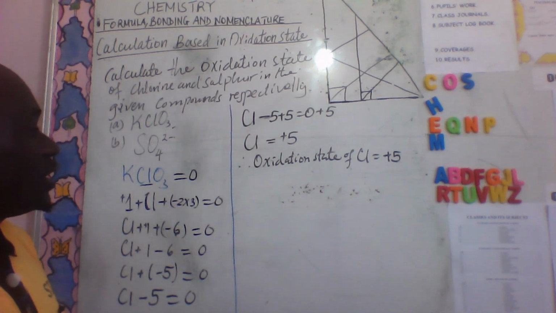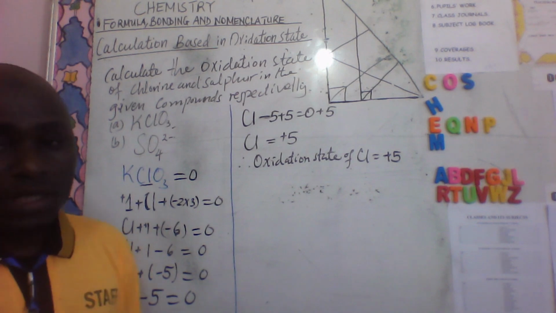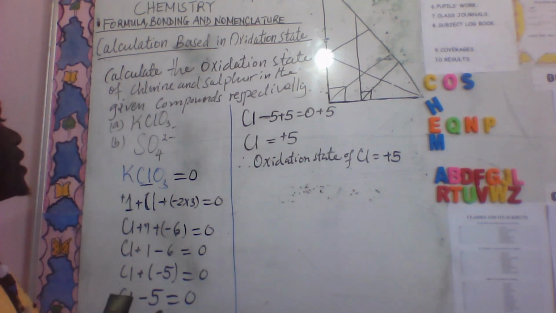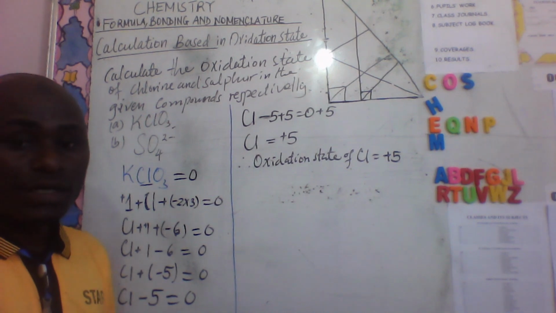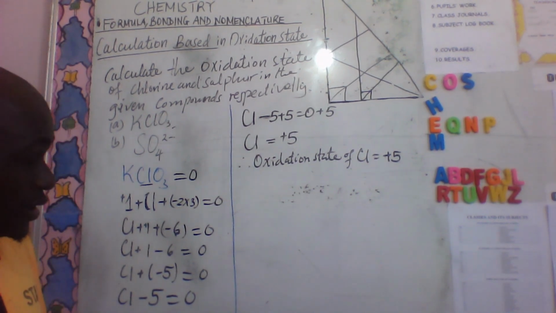Let us find out the oxidation state, as example number 2, of sulfate, which is a charged compound. Let us see how it is.